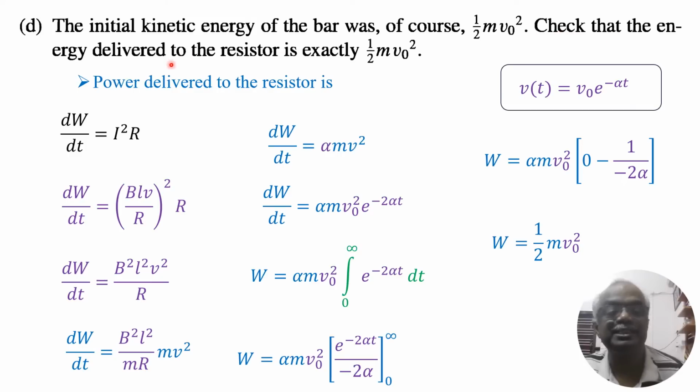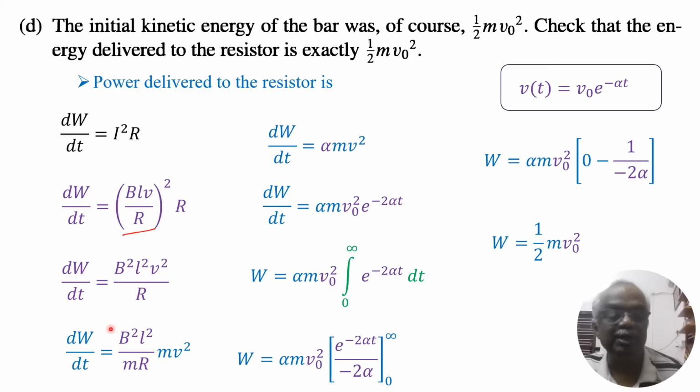Check that the energy delivered to the resistor is exactly half m v naught squared. Now the power delivered to the resistor is the rate of change of work done, dW/dt, which is equal to I squared R. In part A, we have seen I is equal to BLv over R. Squaring it and multiplying by R, the R squared in the denominator cancels one R, giving simply B squared L squared v squared over R.